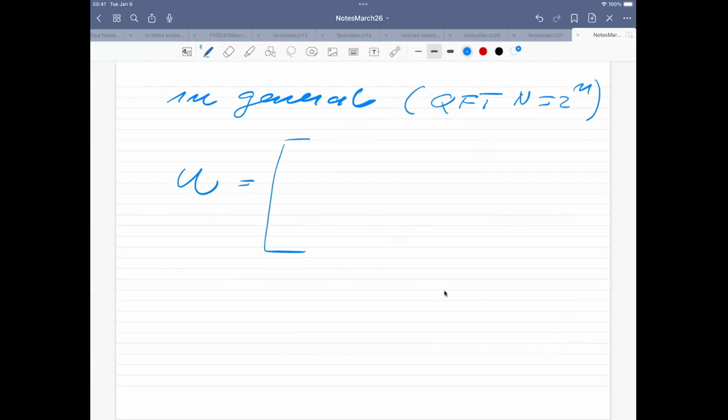Let me just remind myself a little bit. So it's going to have a coefficient here, which is 1 over the square root of n. And this has 1, 1. So this is going to be like that, of 1, all ones here. And we will have 1 here, 1, and all the way ones here.